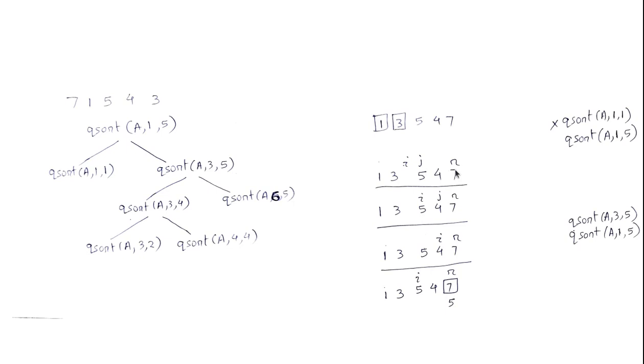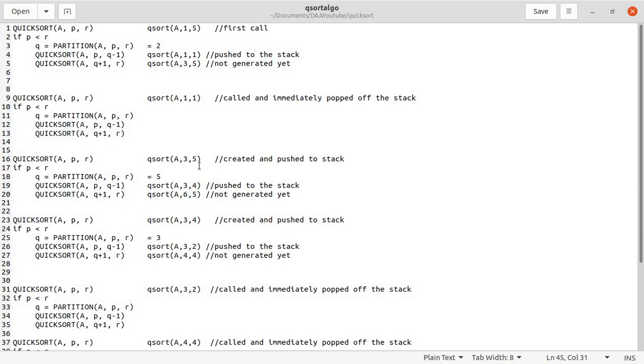Since 7 is the largest element, its position is not changed at the end of the partition algorithm. So 5 is returned, and this 5 will be assigned to q, and there will be two more calls, but this call will not be generated. This one will be generated and called and pushed onto the stack as well.